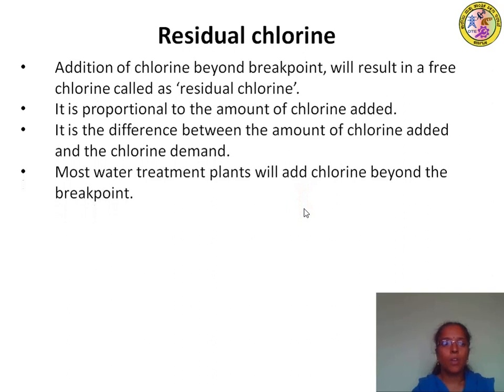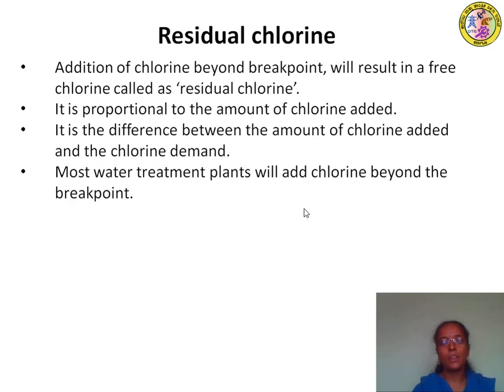Most water treatment plants will add chlorine beyond the breakpoint. As I have already said, they go for residual chlorine to avoid recontamination. If there is some residual chlorine in the water to be supplied to the public, and there is a chance of any recontamination, this chlorine will take care of the disinfection.